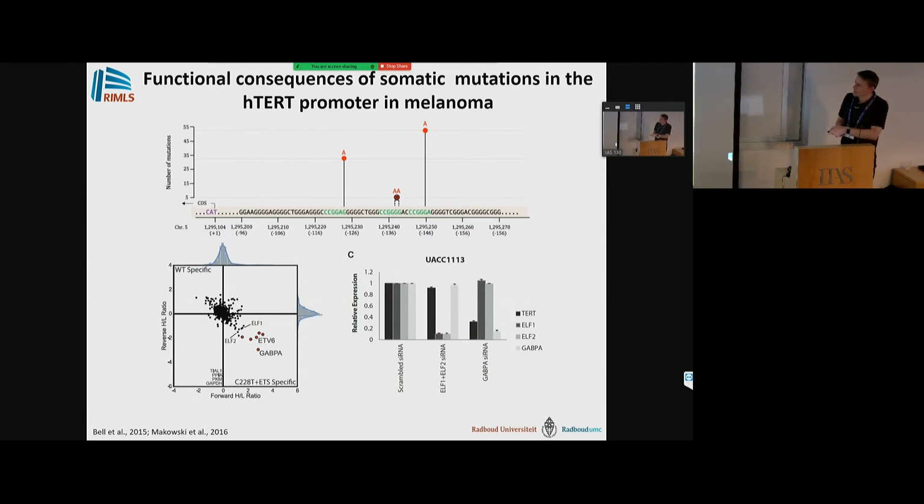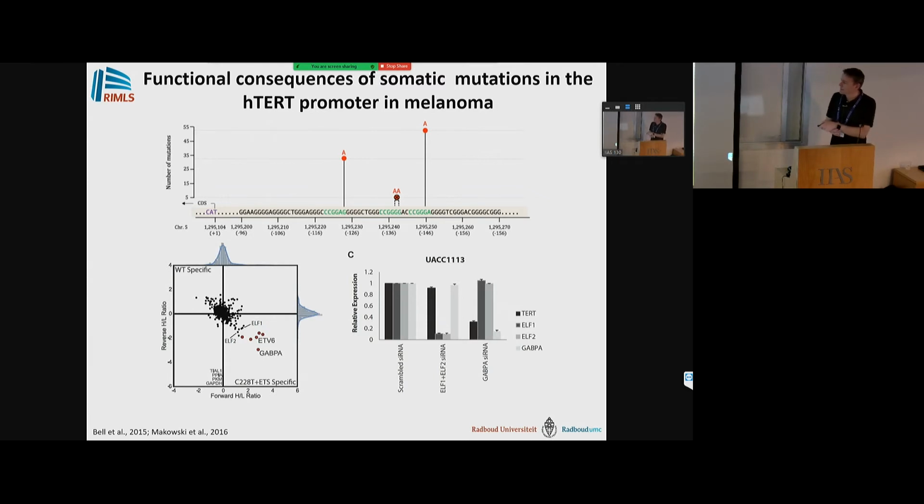And you see a small cluster of proteins that have a binding preference for the DNA sequence when it carries this mutation. Reassuringly for us, all of the proteins that we see here are ETS transcription factors, but we still see quite a number of them in this quadrant over here. So the question then is, which of these factors shown here is really the one that binds to the mutant sequence and drives expression of TERT?